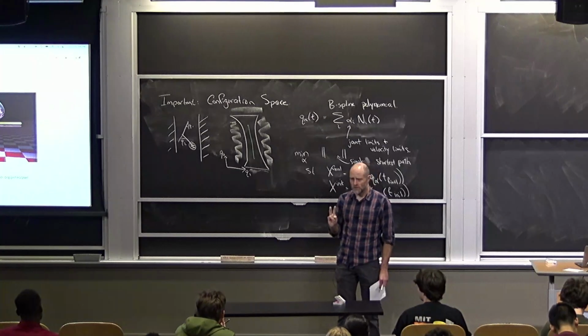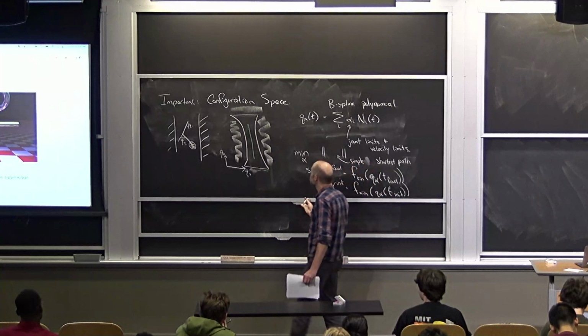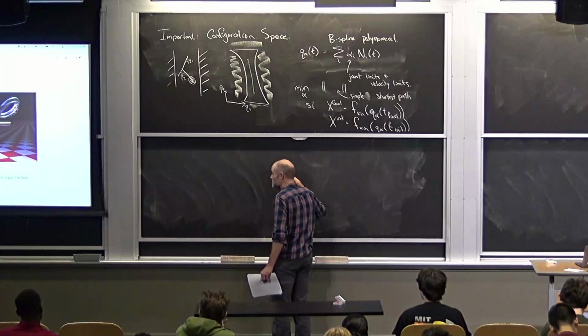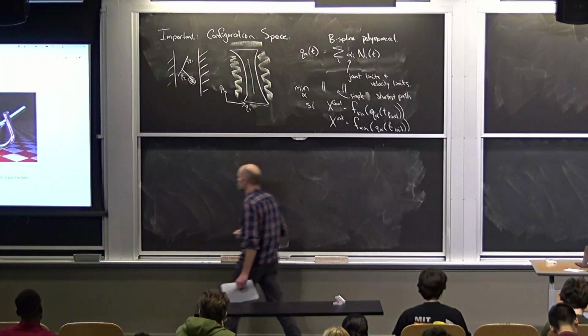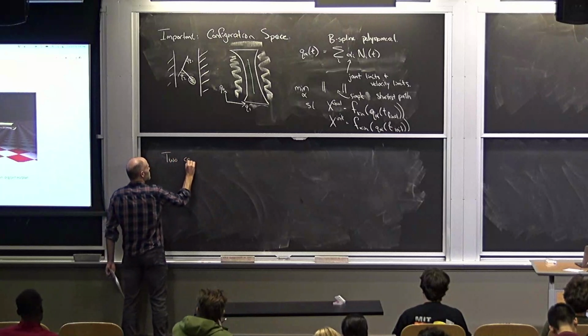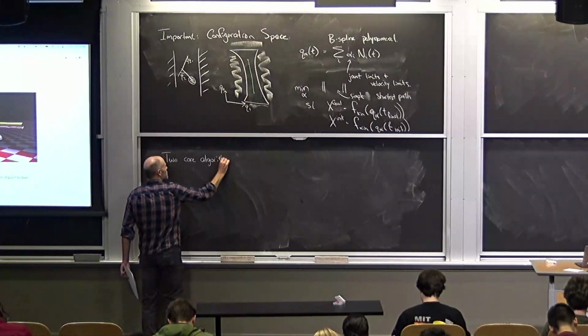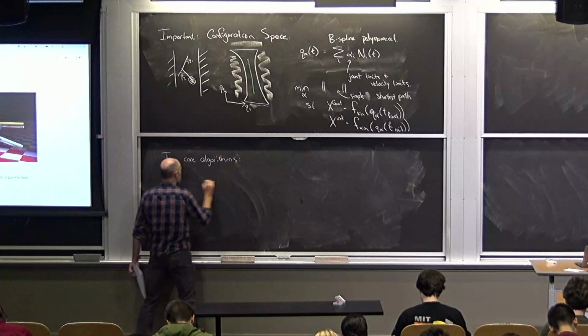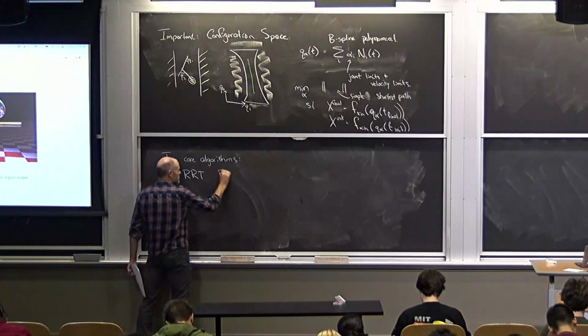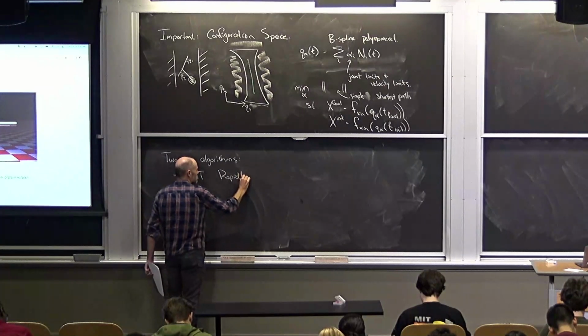There are really two core algorithms in the sampling-based motion planning world, and a bazillion variants, but two core algorithms. One is the RRT, the Rapidly Exploring Randomized Trees.